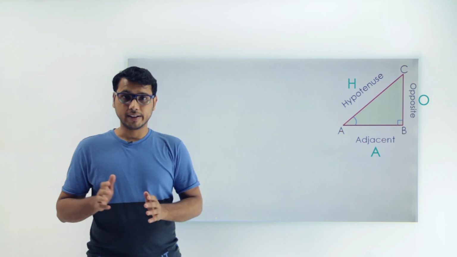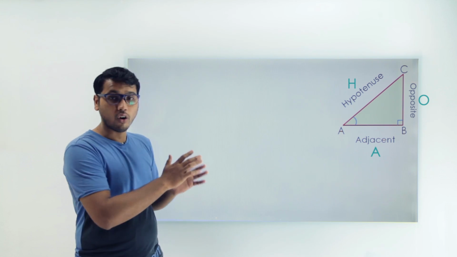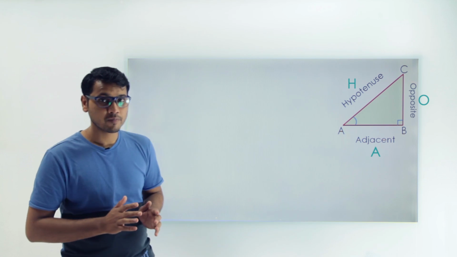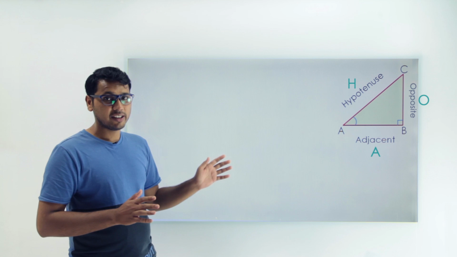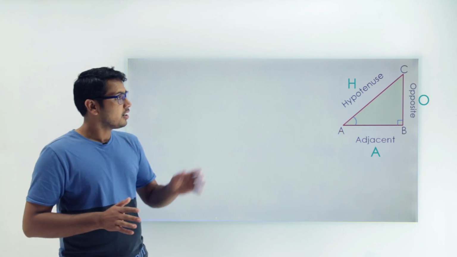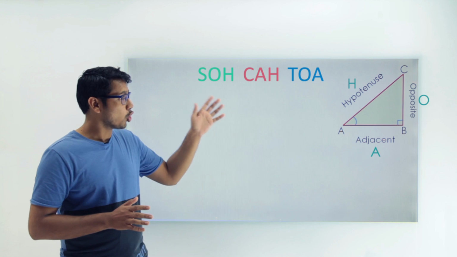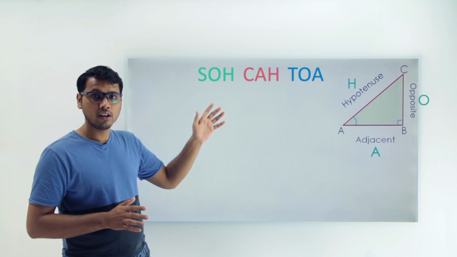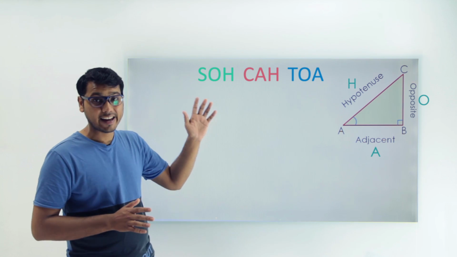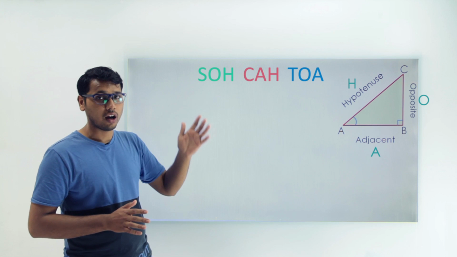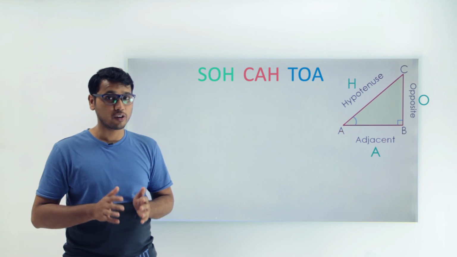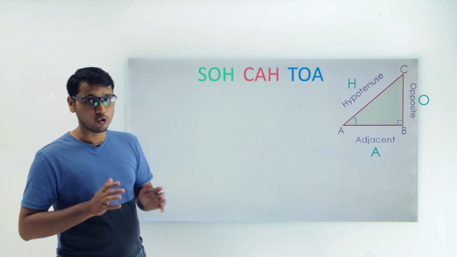These trigonometric ratios are learned as SOH CAH TOA, said as SOH, S-O-H, CAH, C-A-H, and TOA. All you have to remember is SOH CAH TOA.